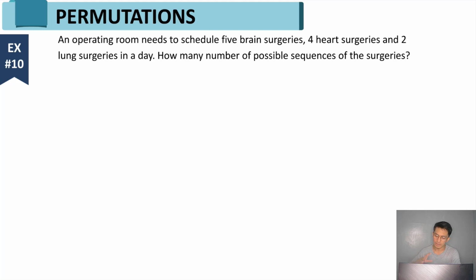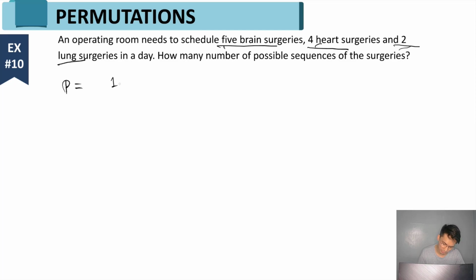Meron tayong identical objects. So, parang permutation of similar objects or permutation of identical objects. Pareho lang yun. So, this is 5 na magkakamukhang brain surgeries, 4 and 2 na lang surgeries. Bilangin lang natin kung ilang lahat sa surgeries na yan. We have 5 plus 4 plus 2, 11 ulit.